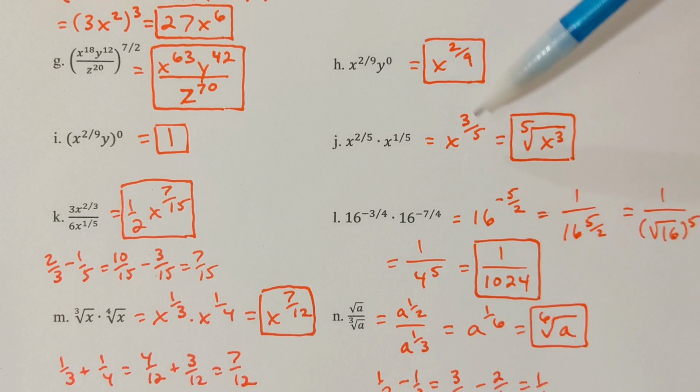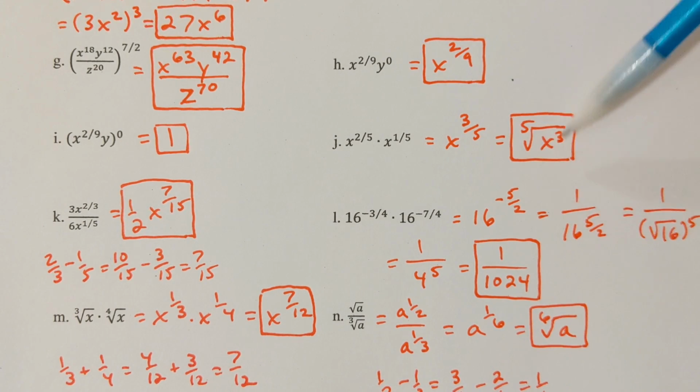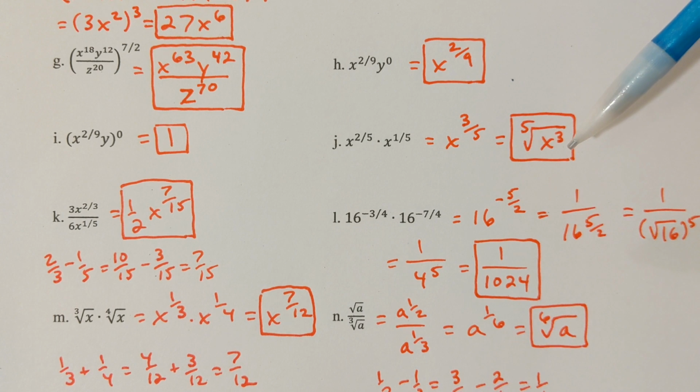Well, then I want to type in this guy, x to the 3/5. If I type in this radical form and they're asking me for rational exponent form, I don't have the right answer then, right? Because I didn't follow directions. So be careful about that. Make sure that you're reading the directions and that you see the form that they want the answer to be presented in.